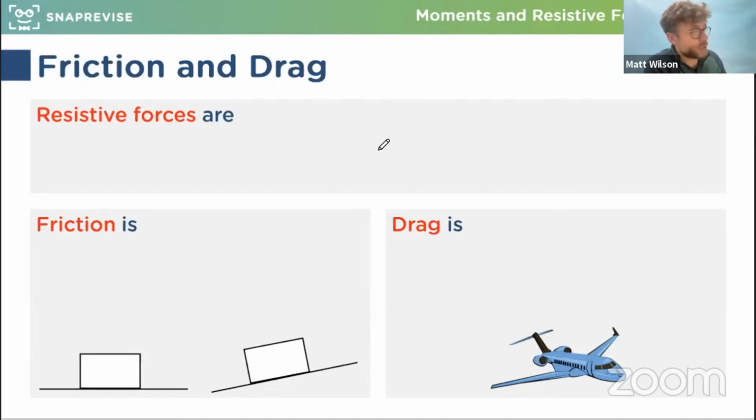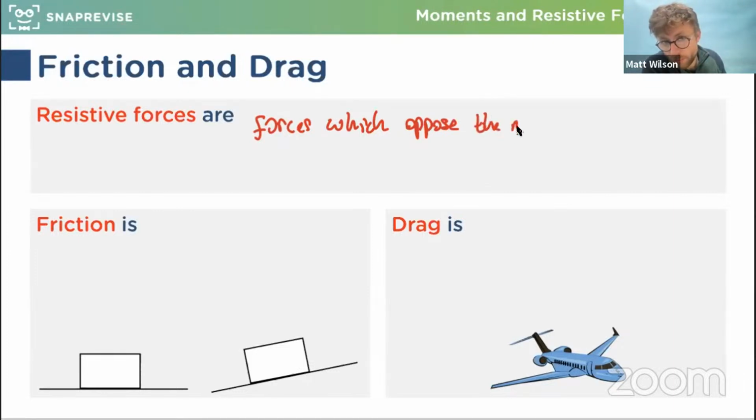So resistive forces are forces which oppose the motion of an object. Sometimes the word body is used instead of object. Either is fine. Okay.